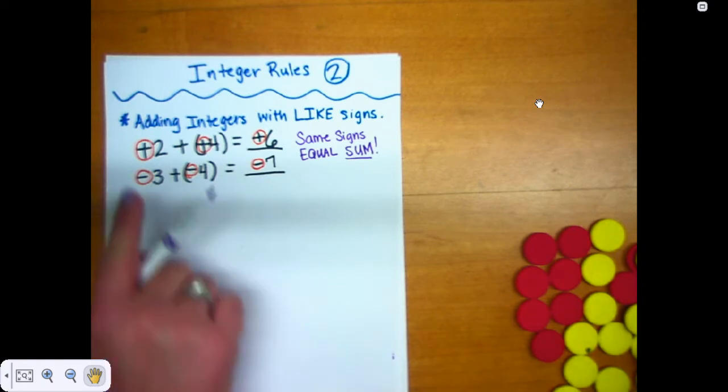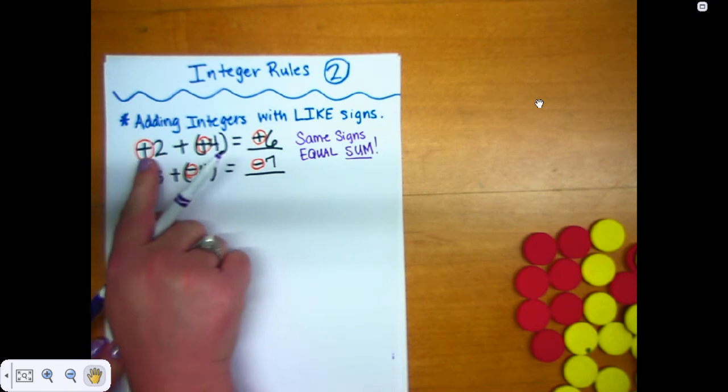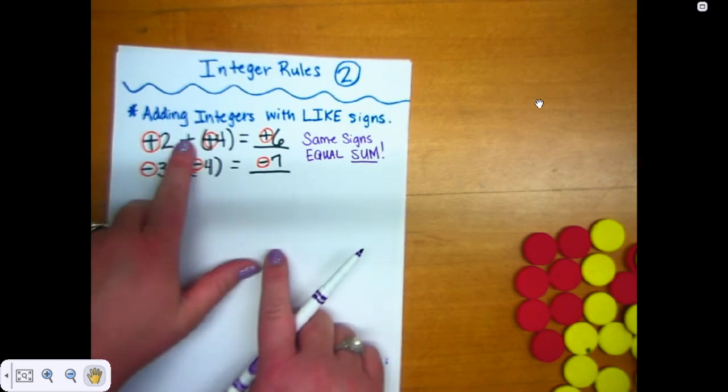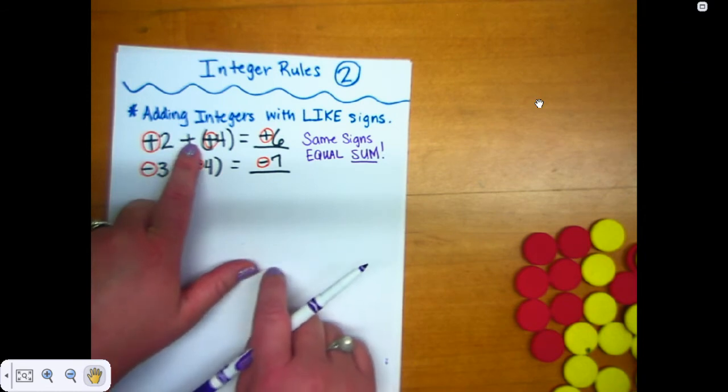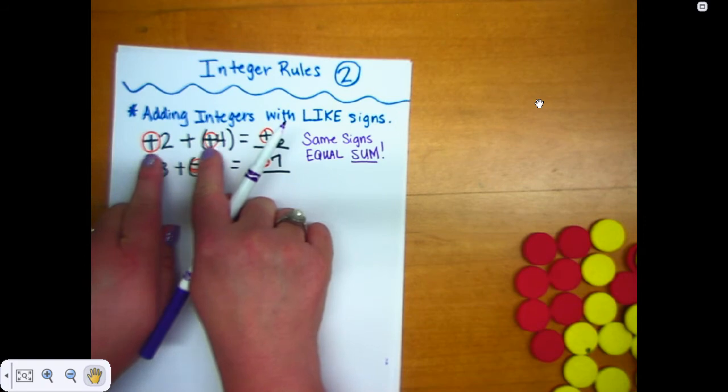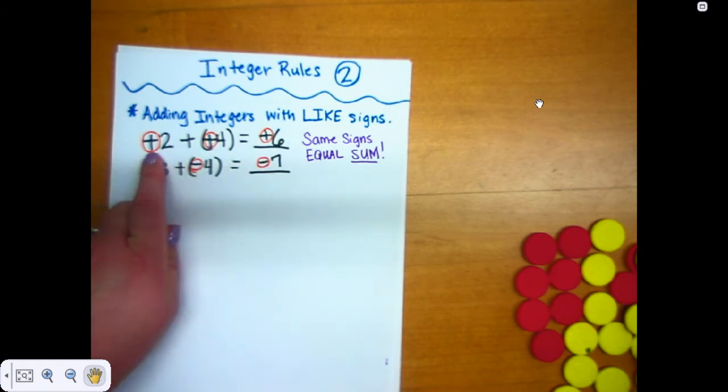So, if you see you have the same signs, I don't even want you worrying about what your operation sign is. Don't even worry about it. Just look at your numbers. Same sign.